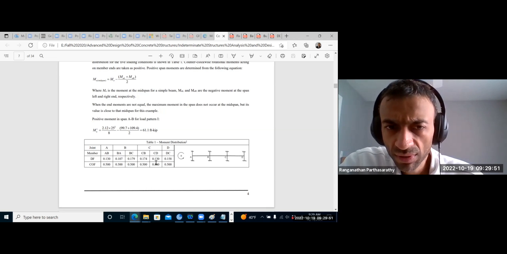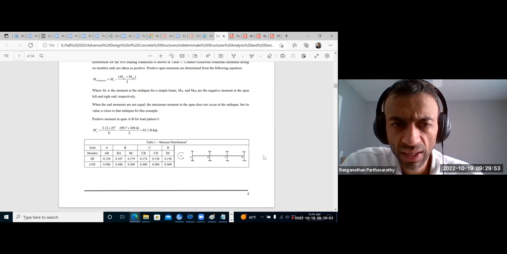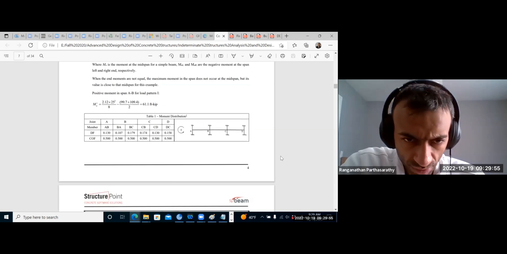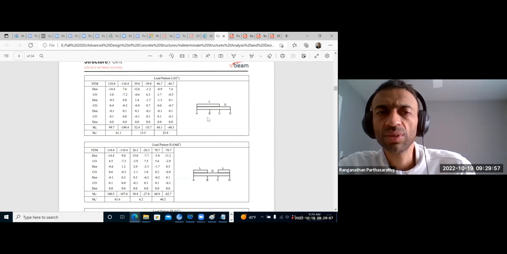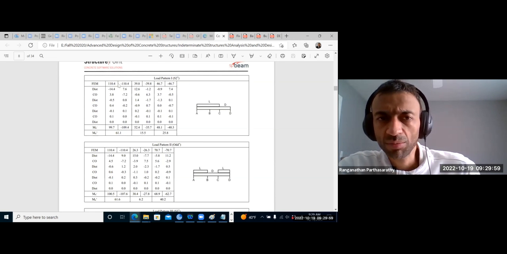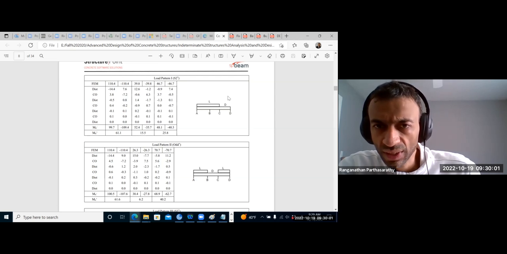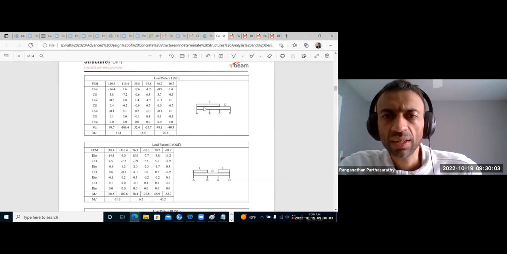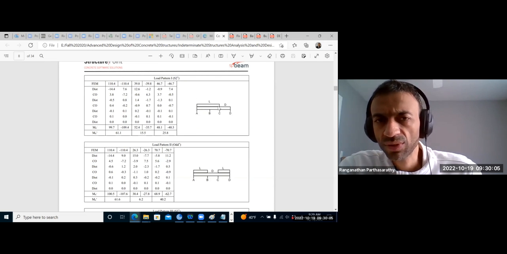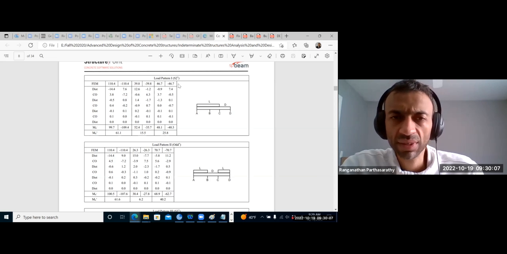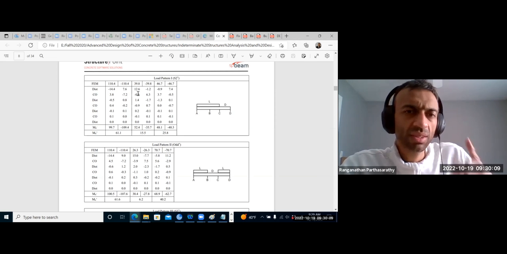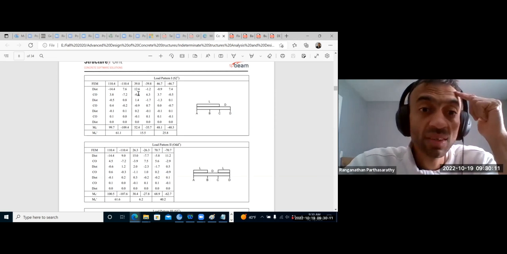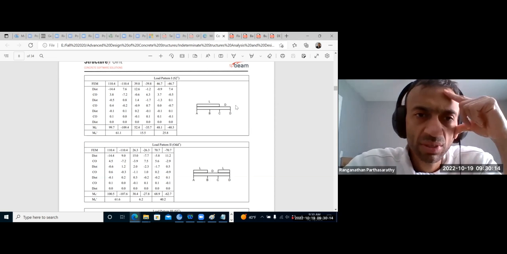Now we have all of the relative stiffness values. Now what they will do is the fixed end moments. This is for this live load pattern, where live load is only on the first 2 spans. Then they will get fixed end moments. Then you can see the usual moment distribution method.